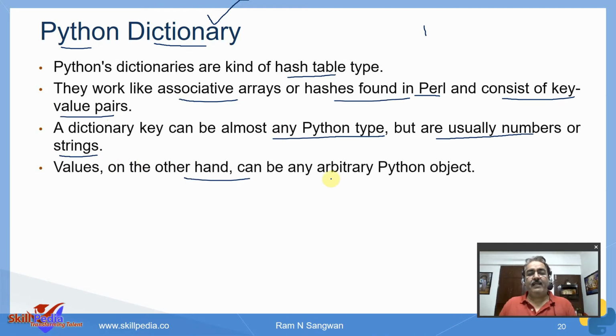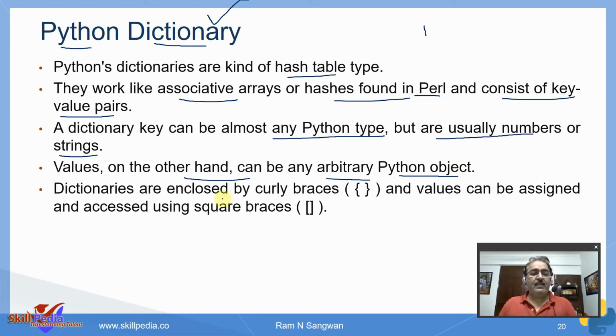Values, on the other hand, can be any arbitrary Python object. Dictionaries are enclosed by curly braces. So square brackets are for lists, parentheses for tuples, and curly braces for dictionaries. Remember that. And the values can be assigned and accessed using square brackets.